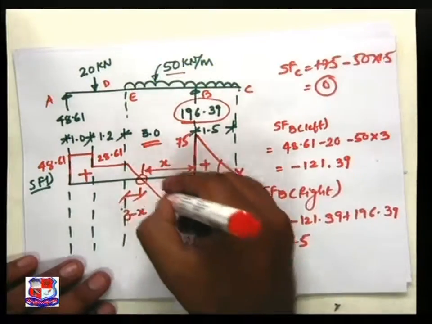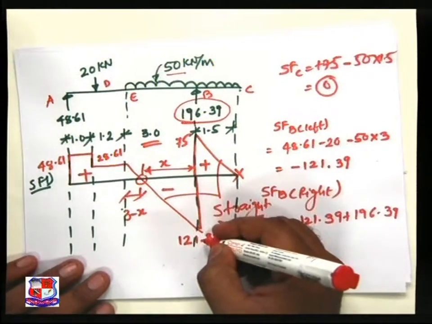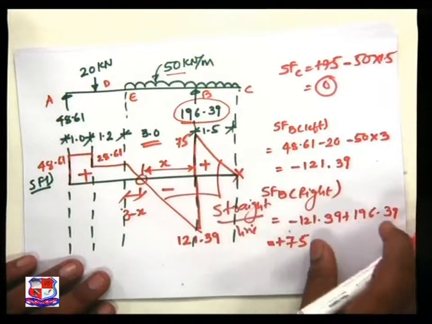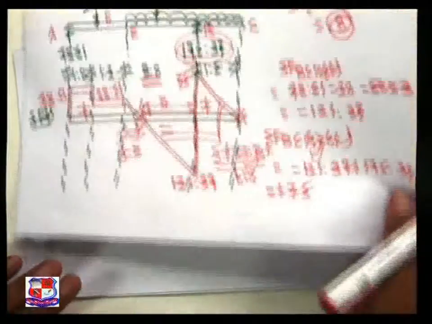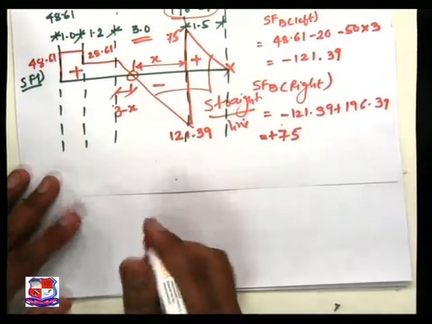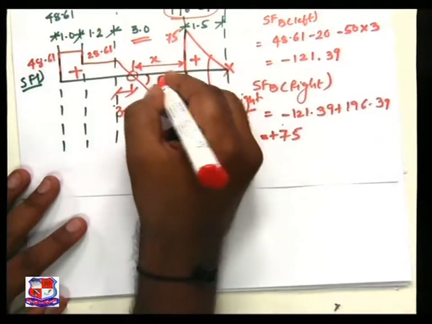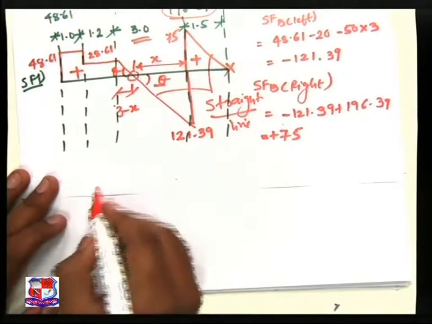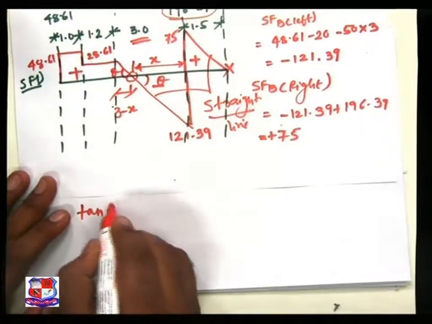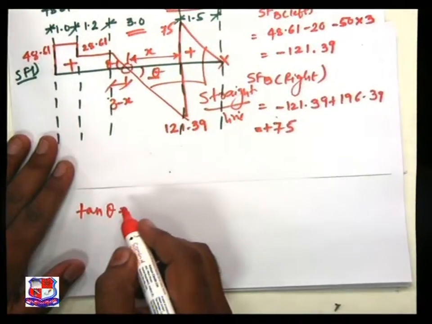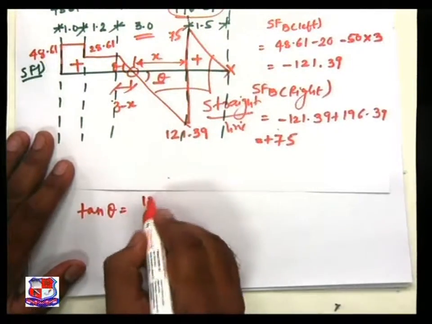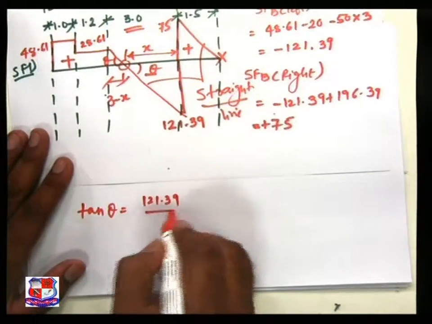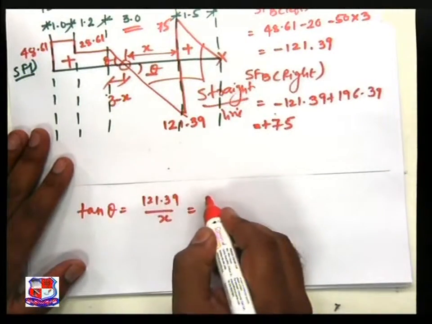As this relationship is an inclined straight line, we can use the basic concept of mathematics that this angle is theta, that angle is also theta, tan theta is equal to opposite side by nearest side.